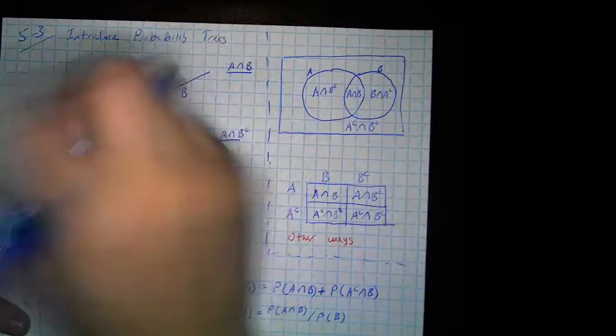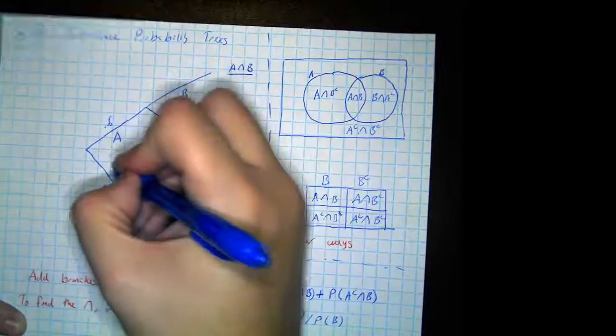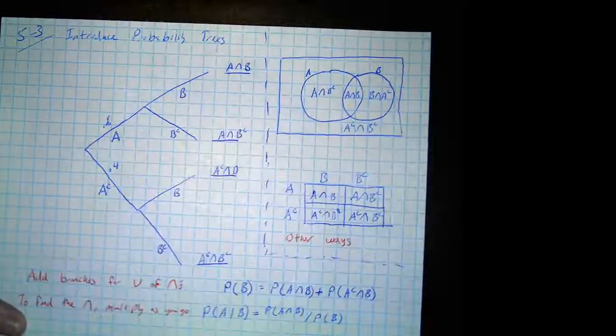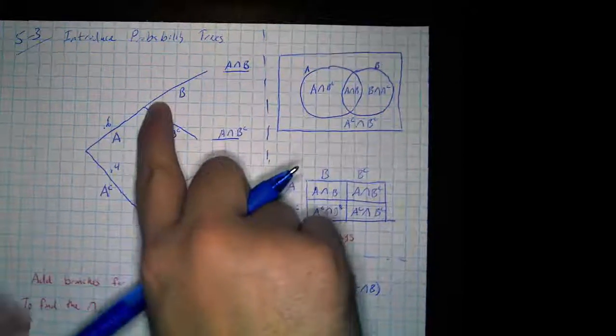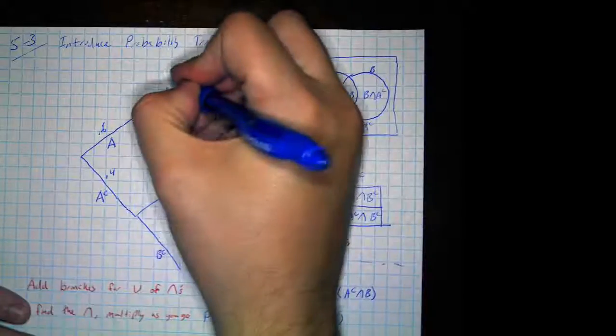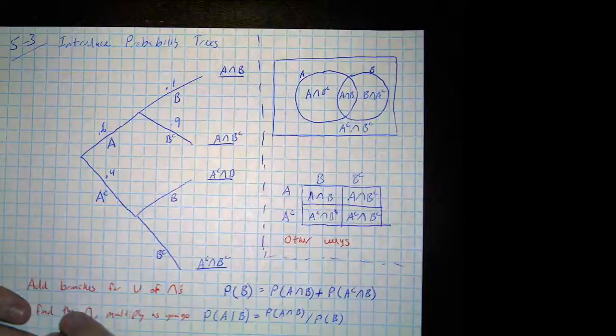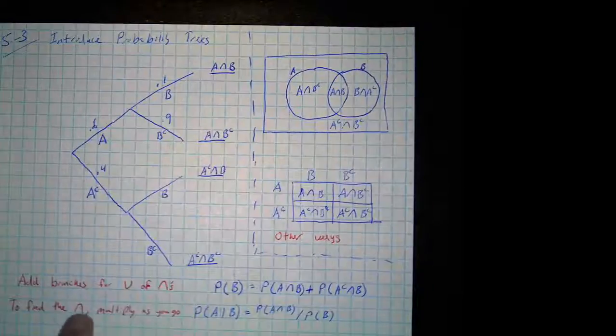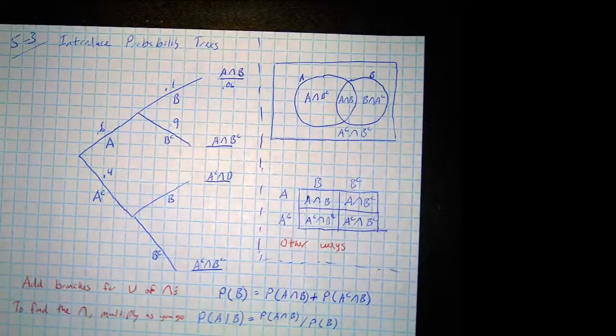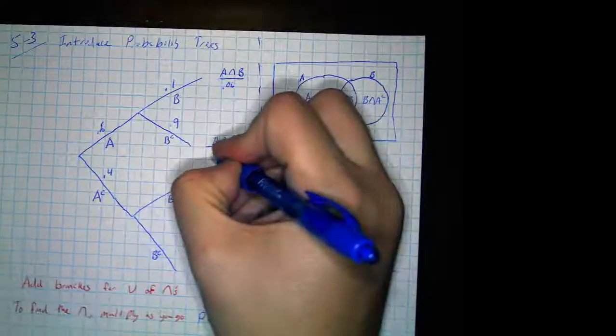So let's say the probability of A happening is 0.6. So the probability of A not happening is 0.4, right? If you choose the path of A, the probability that B happens is 0.1, and the probability B does not happen is 0.9. So to find the and, you multiply as you go. 0.6 times 0.1 is 0.06. If you choose the A path and then you go down this way, this is 0.54.